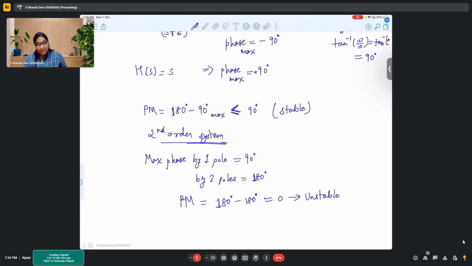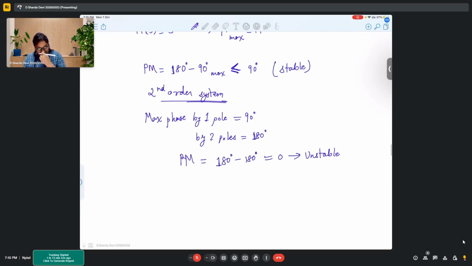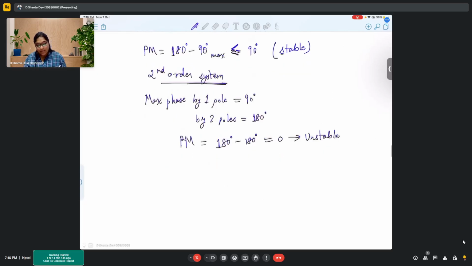Right? So this is how basically we identify whether the system is stable or not. Okay. Now we know that your Bode plot has both a phase plot as well as a frequency plot.